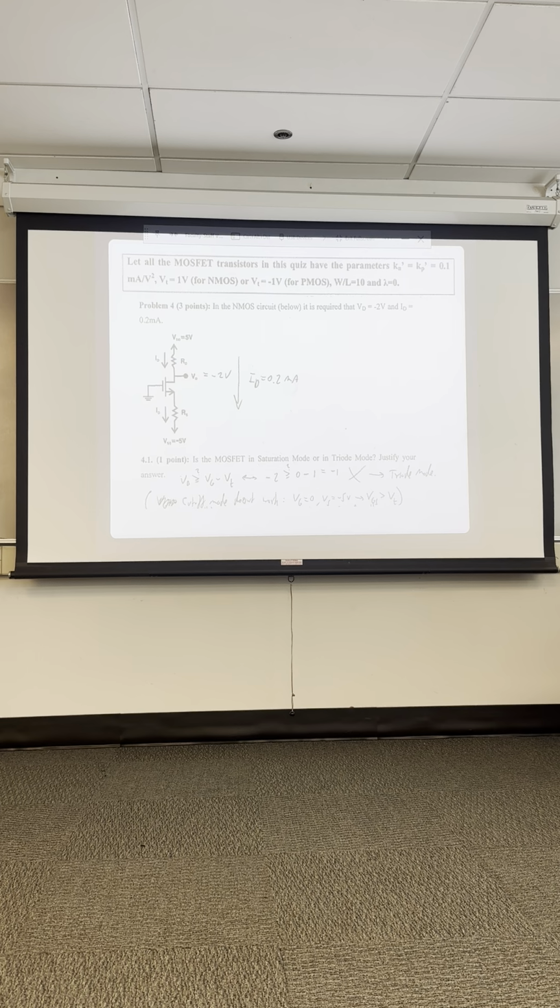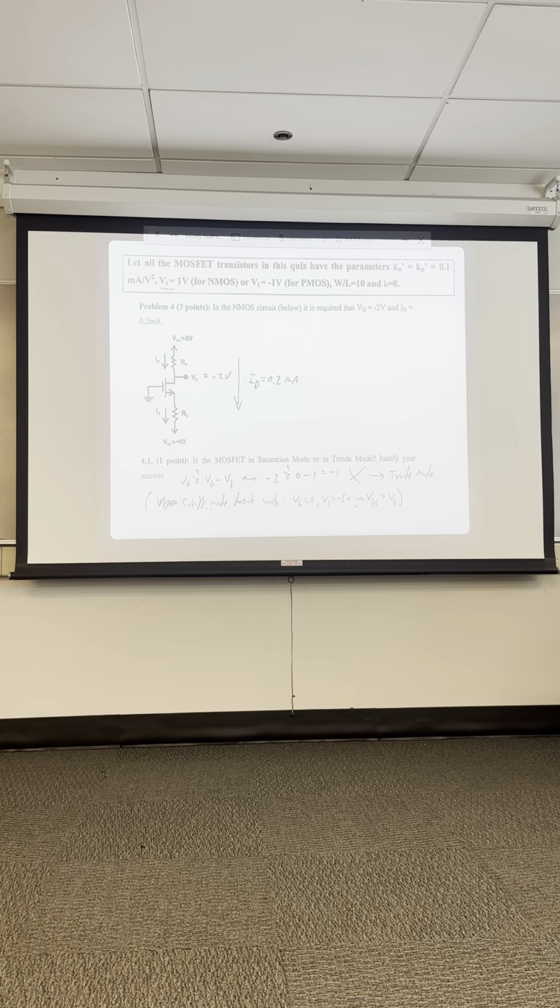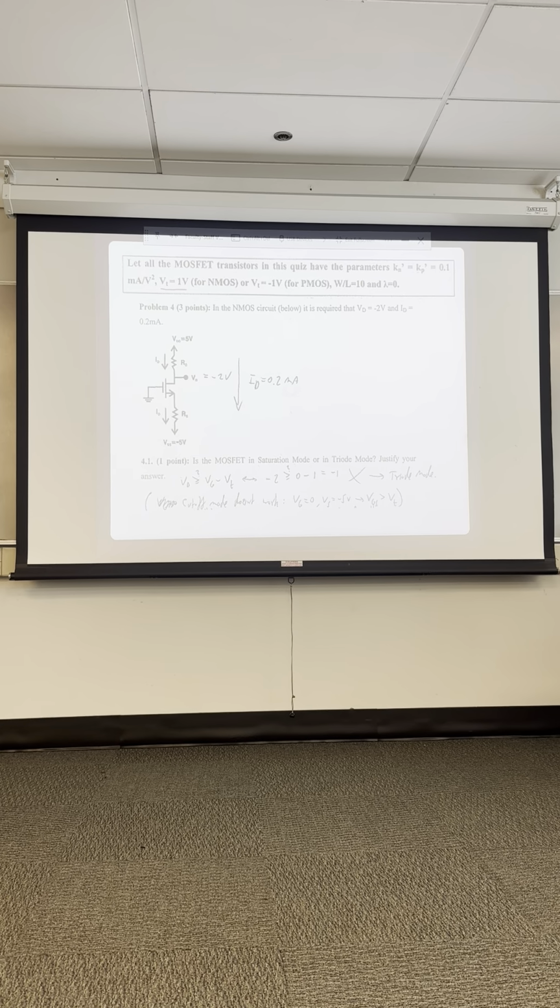So this example here, it's a MOSFET, threshold voltage is 1 volt, and this note says Kn prime or Kp prime, either one is 0.1 milliamp per volt squared. If it's a PMOS, the threshold is -1 volt. W over L is 10, and then lambda is equal to 0.